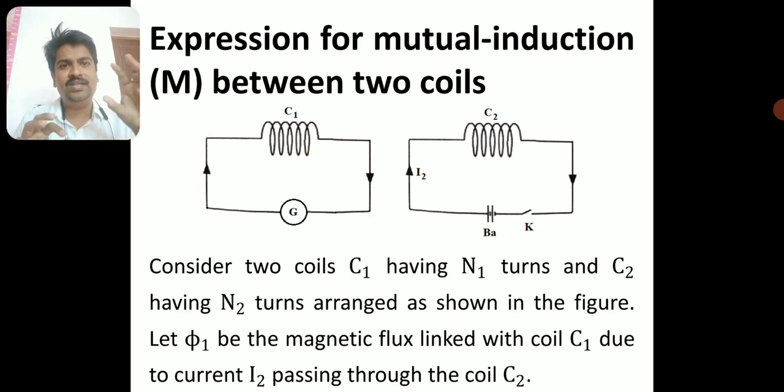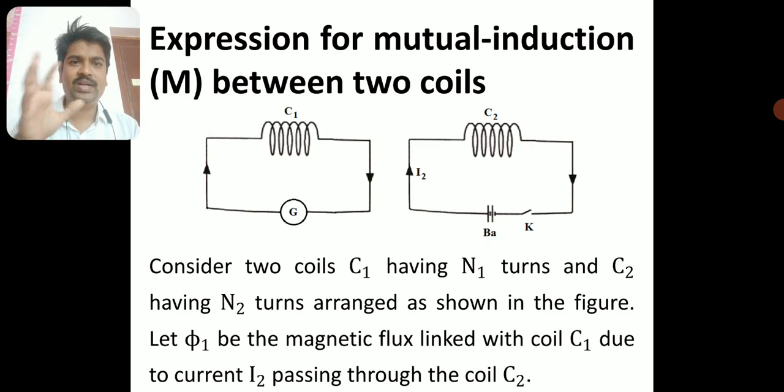Another coil C2 having N2 number of turns is connected to the battery with a plug key. When the plug key is closed, the current I2 will flow through the coil C2. I'll take phi 1 as the flux linked with the coil C1 due to the current I2 passing through the coil C2.